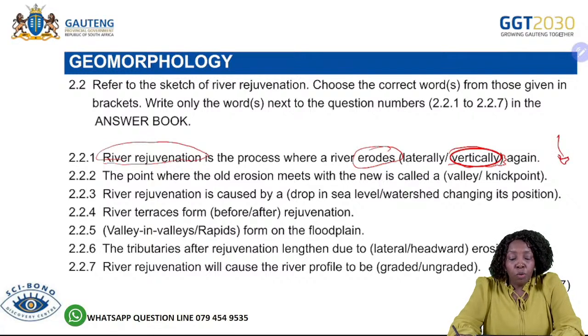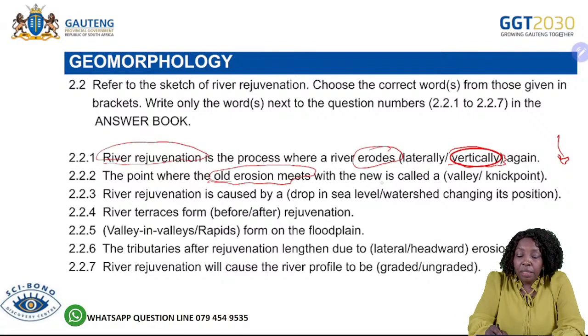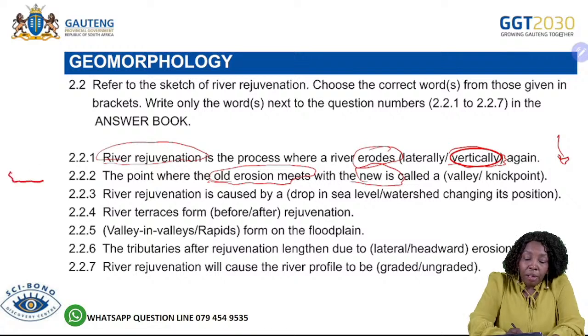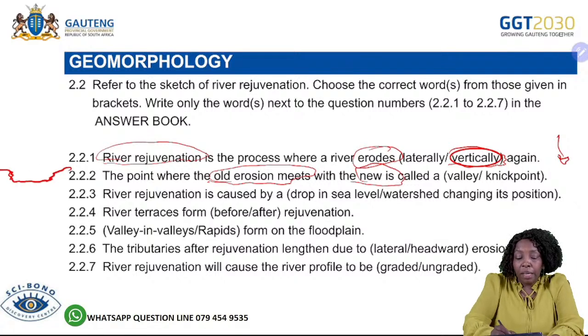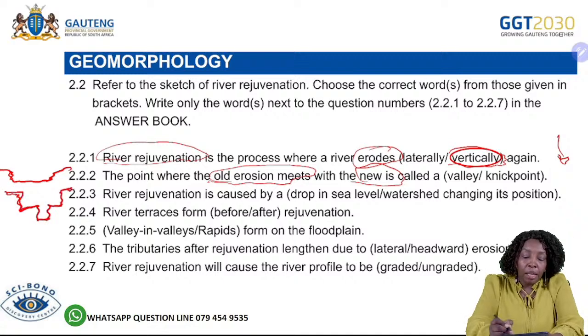And then the point where the old erosion meets with the new is called a valley or a nick point. So if the landform was initially just an open V like that, and we now find that there is further erosion which will cut deeper into this, we've got the development of a river valley within another river valley.